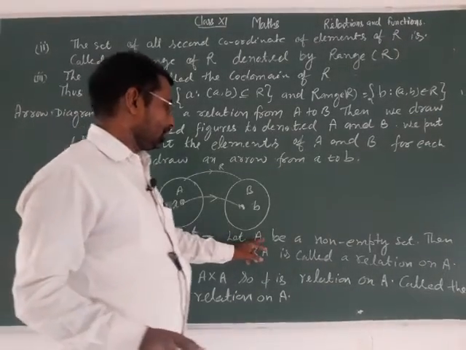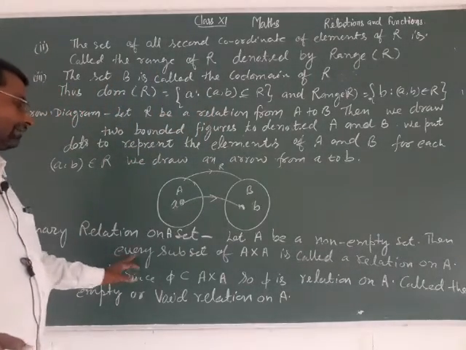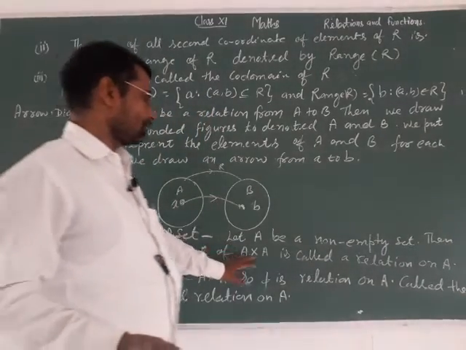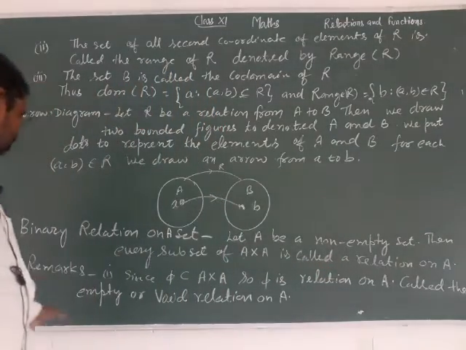Binary relation on a set A. Let A be a non-empty set, then every subset of A cross A is called a relation on A. Remarks.